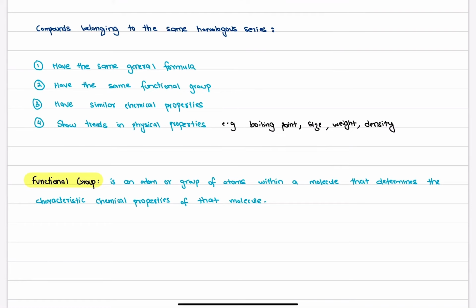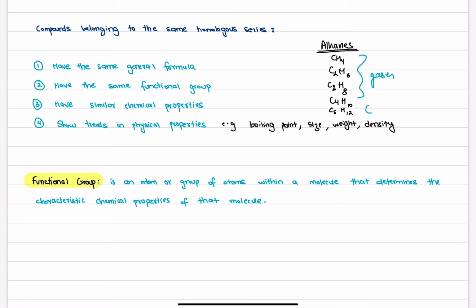Let me give you a quick example. Again, I'll give you the example of alkanes. So we have methane, then we have ethane, then we have propane, and then we have our butane, and lastly let me also draw pentane. Now these first four are gases, whereas pentane is a liquid.